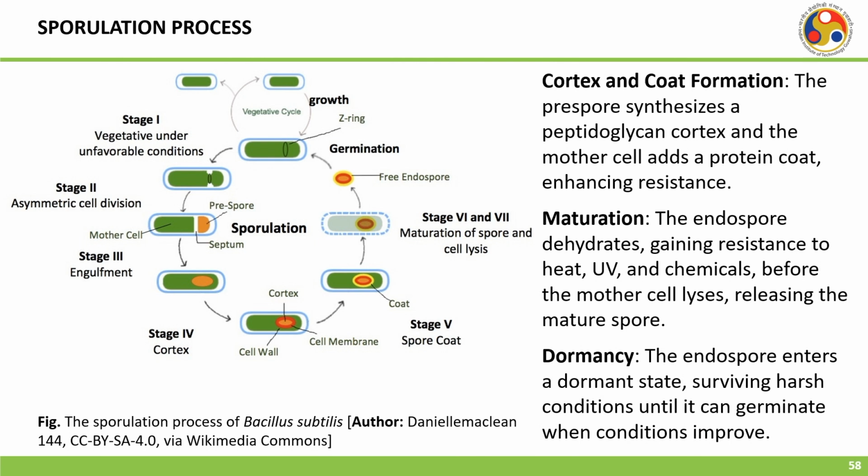Then it enters the dormancy stage, and this can be dormant for centuries, as already mentioned. The endospore enters a dormant state, surviving harsh conditions until it can germinate when favorable conditions return. So, the endospore will exist in free form in between dormancy and the germination stage.